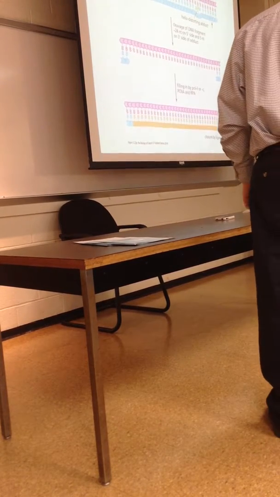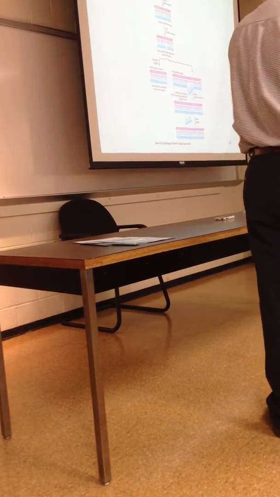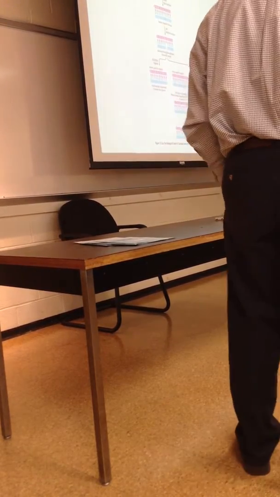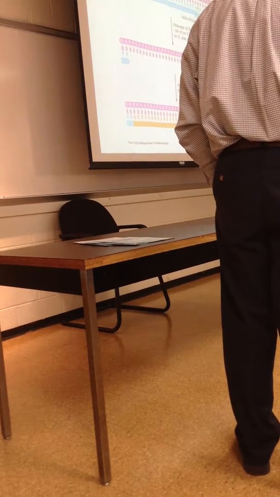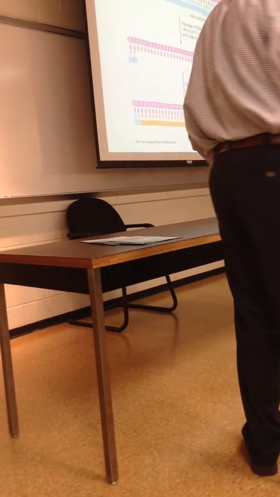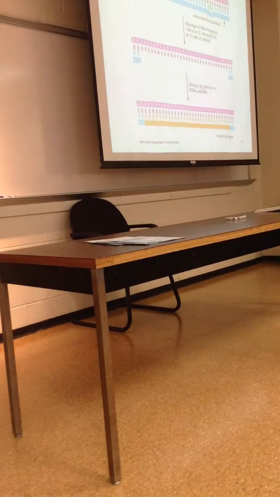Only under very small circumstances, with just a small distortion, do they try to fix just the one base. Most of the time, they just cut out the offending section and resynthesize. So this is called nucleotide excision repair, where they're excising a larger stretch. So those are the ideal ways.